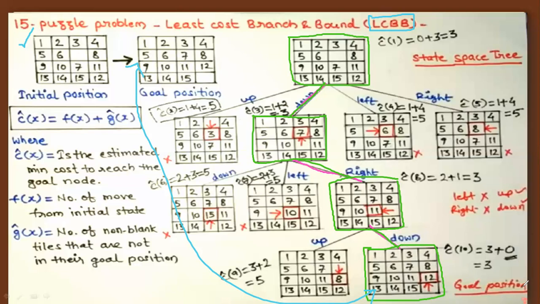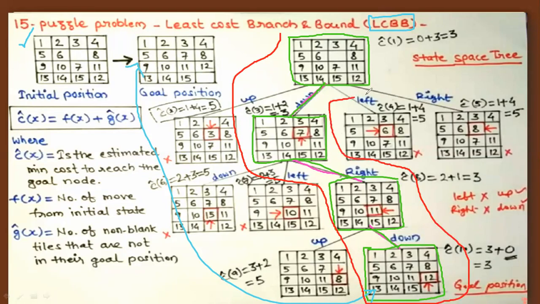So friends, here you get the tree in this way. This is considered a state space tree. In the state space tree, you will get the final result.